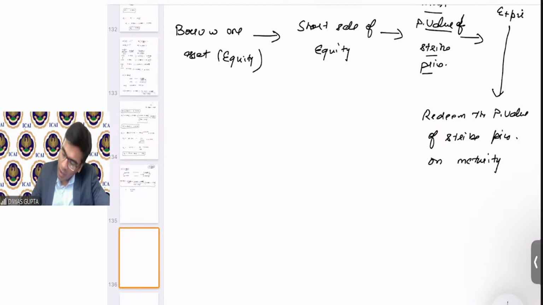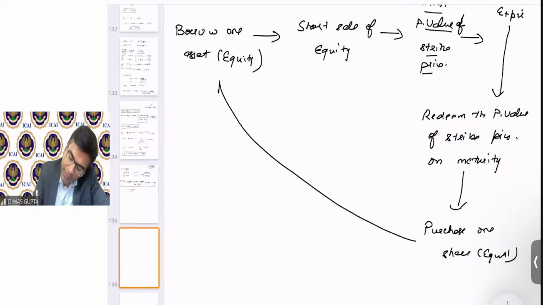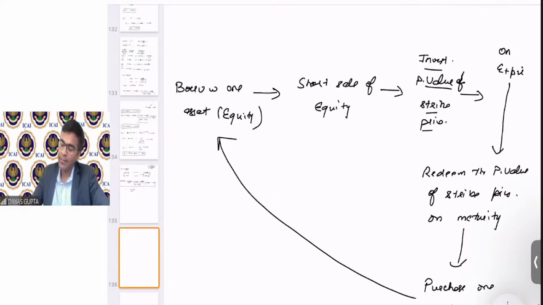Correct? After doing that, the option will get exercised and hence I will be able to purchase one share, which is again equity, and I will pass it on to the person from whom I have borrowed it. So the chain is clear.